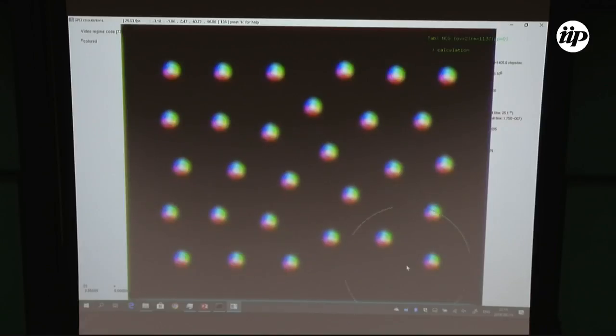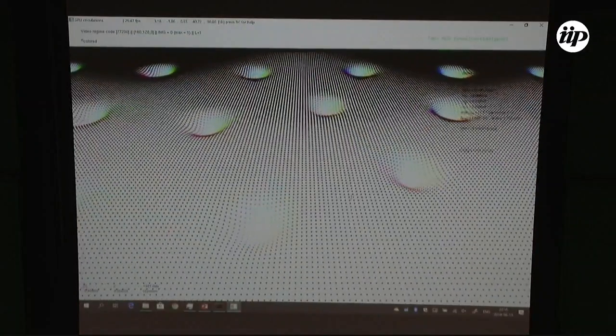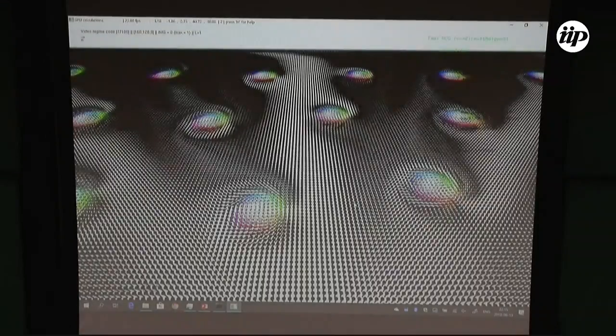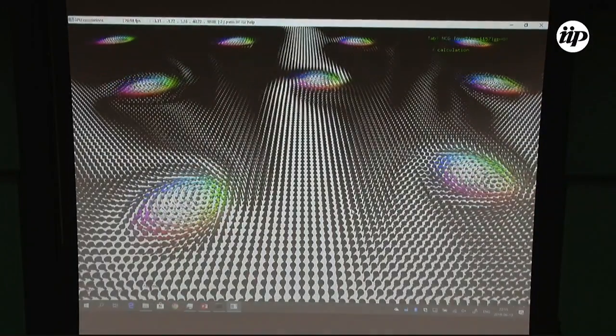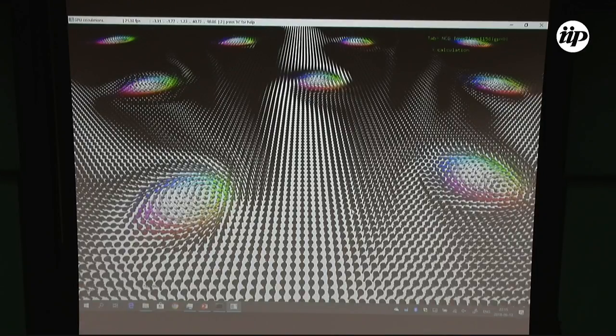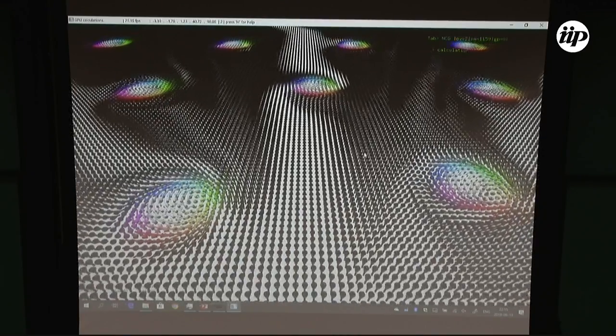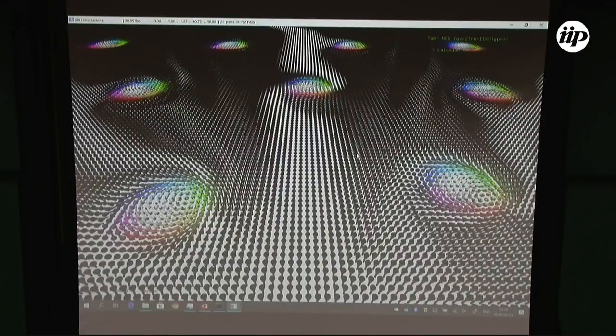Okay. Let me switch. Yeah, they interact and rearrange. But you can see in this picture that all the skyrmions are the same. So it's like twins.